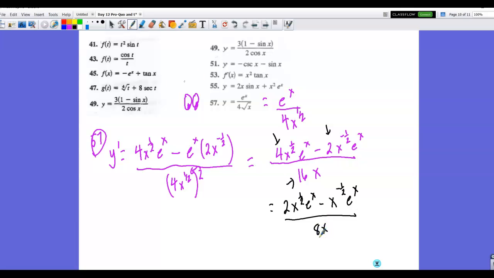Remember, if you're going to do that reducing, you have to be able to reduce in all of your terms. So I can divide here by 2 and get a 2, divide by 2, get a 1, divide by 2, and get an 8. So that's how I did the reducing. So that's the rest of page 147. Hope it helps.